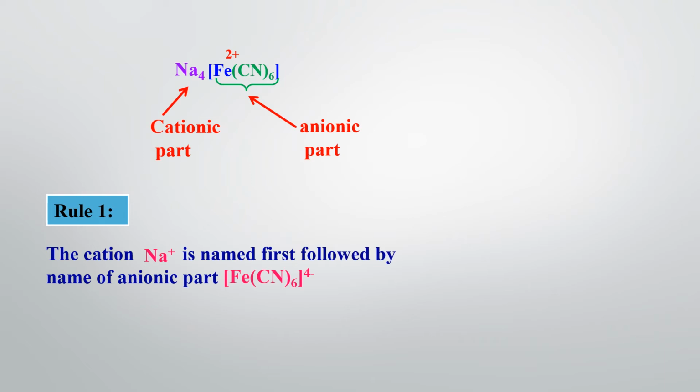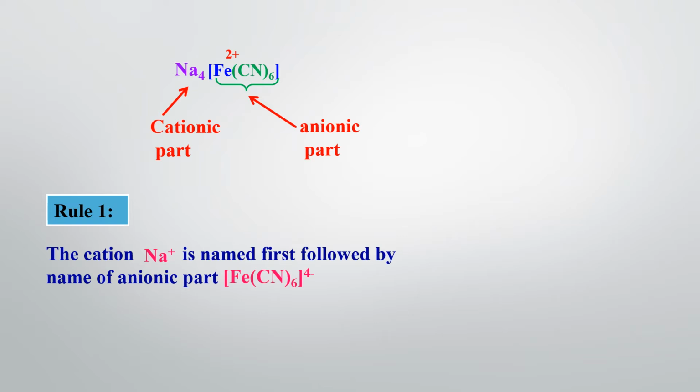Now rule 1 says the cation, sodium plus, is named first, followed by the name of the anionic part. If counter ions are present on the left side, before the coordination sphere, then those are the positive ions.